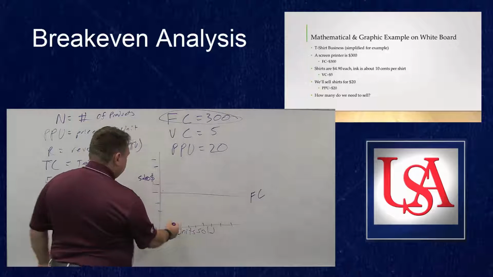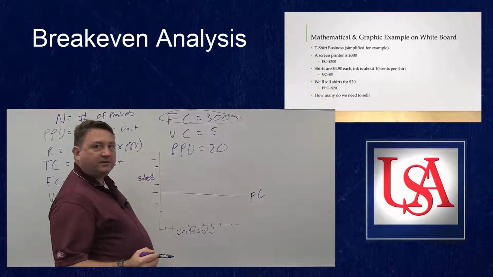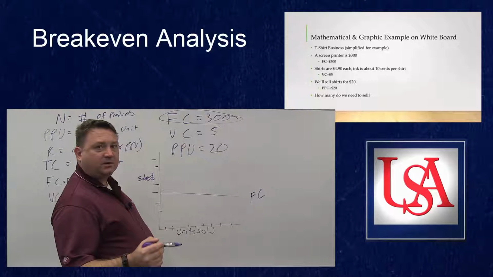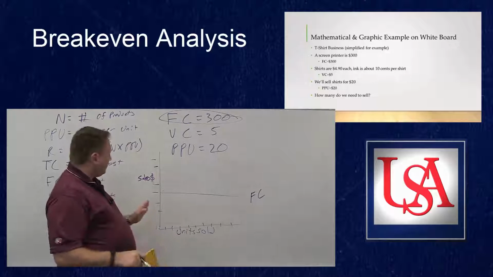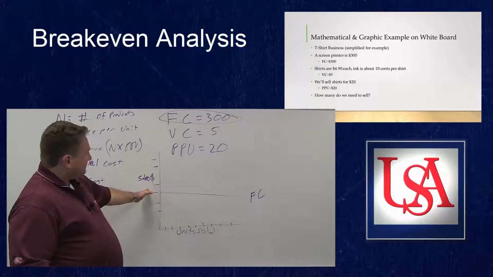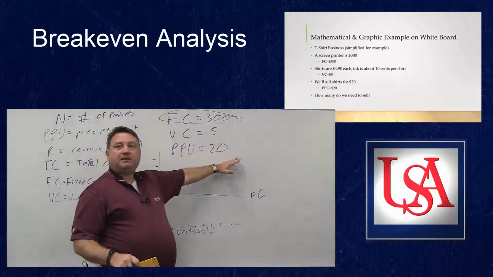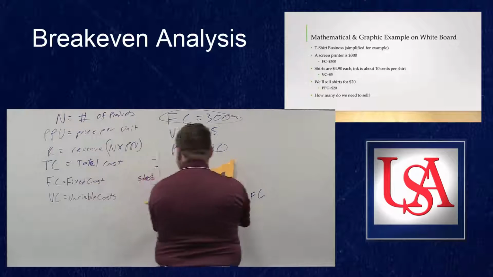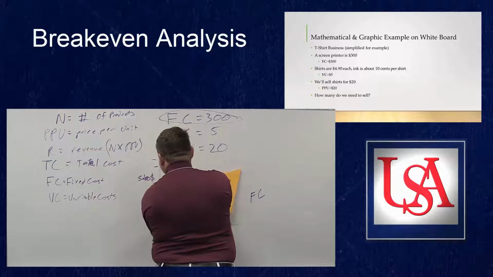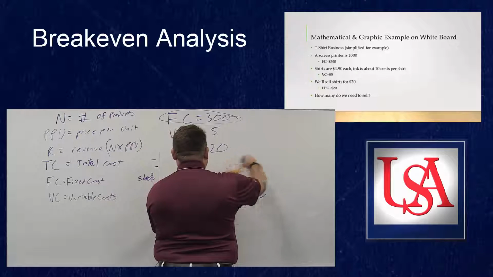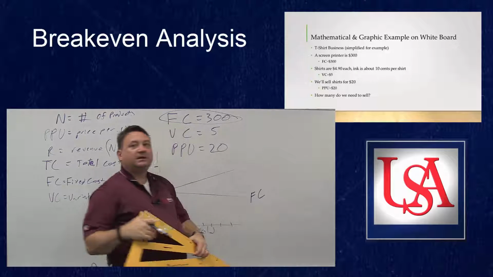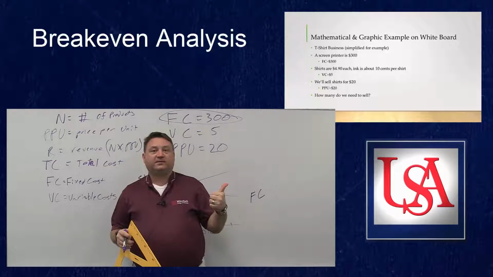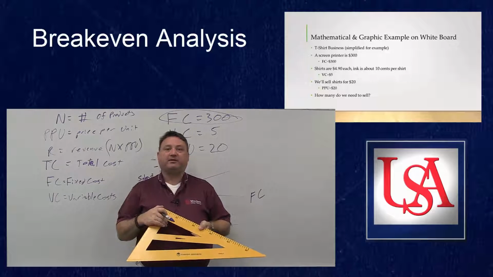The second shirt will be $10 higher than 300, and so on and so forth. So our total cost will start on the axis, and it will go up by the amount of the variable cost per unit. So we'll draw that on here really quick. There we go.